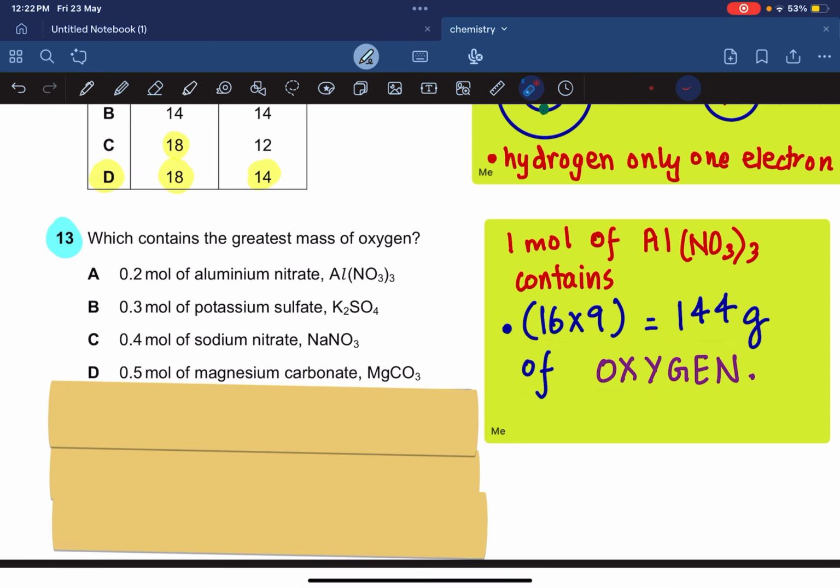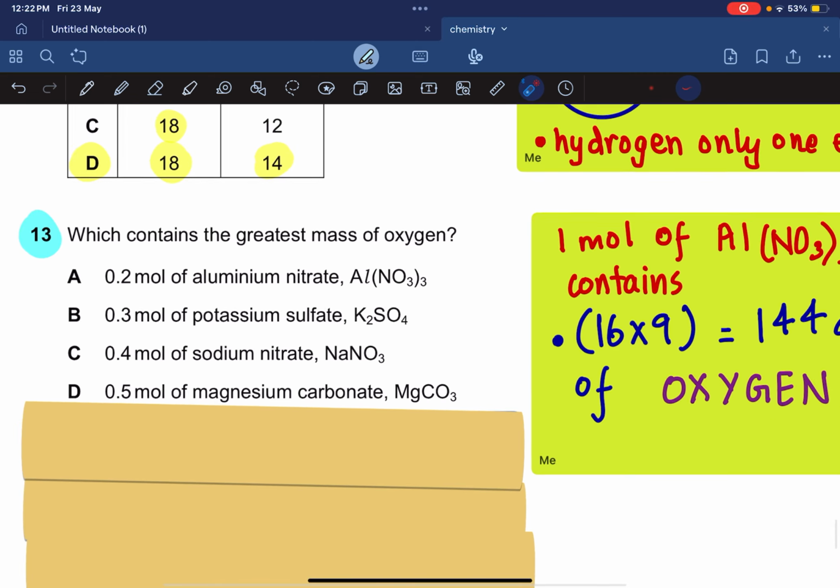How? Because over here you have 3 oxygens, and over here you have a 3. So 3 times 3 makes it 9. So in total you have 9 oxygens, and the mass of one oxygen is 16. So 16 times 9, 144, is going to be the mass of the oxygen present in 1 mole of aluminum nitrate.